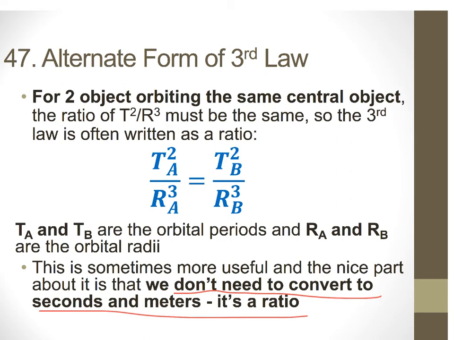As long as we have the same units for both periods and the same units for both radii, it doesn't matter whether those units are seconds or minutes or days or years. Same thing with the distance. It could be in miles, kilometers, or some other unit. That's really the useful part of this. This ratio form of the equation is great if we are comparing two things orbiting the same central object.